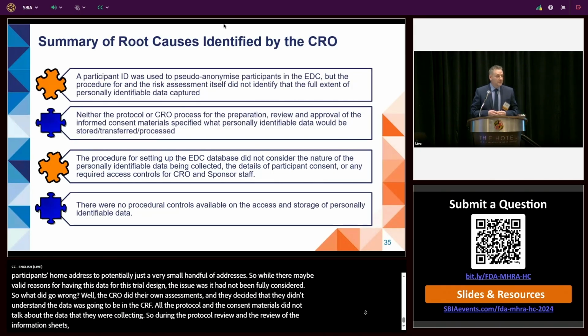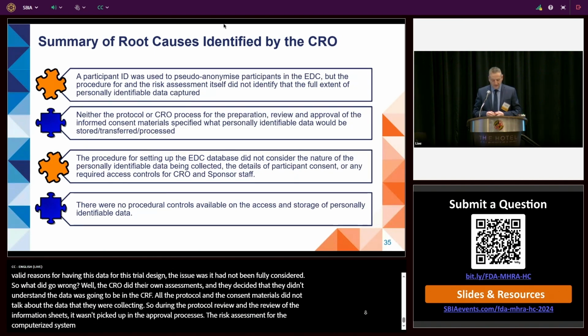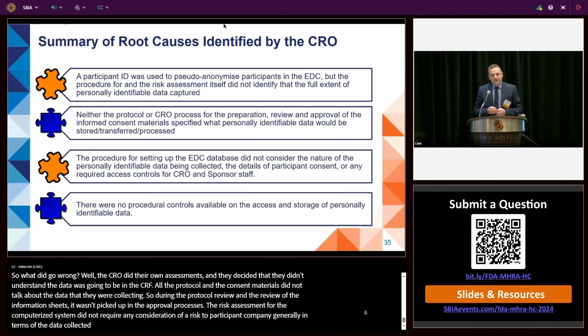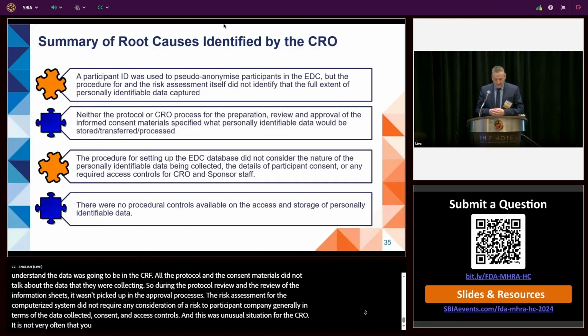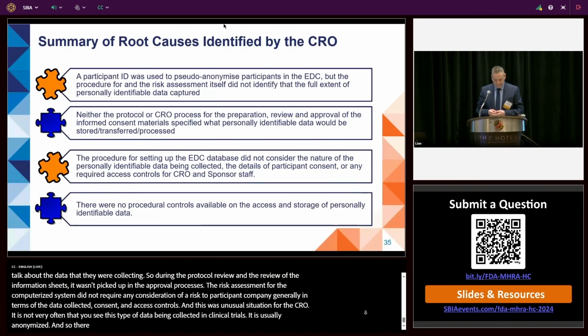The risk assessment for the computerized system didn't require any consideration of risk to participant confidentiality in terms of the data collected, consent and access controls. And this was an unusual situation for the CRO. It's not very often that you see this type of data being collected in clinical trials. They're usually anonymized, and so there were no procedures in the organization to address how to manage such data at all.